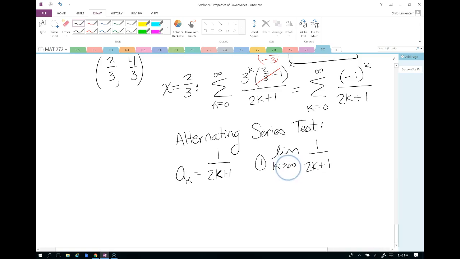Well, think about what happens when you plug a really, really large number in for k. Your entire denominator is going to get larger and larger, which means the overall value of your fraction is going to get smaller and smaller. You also might remember from Calculus 1 or from algebra class, anytime that the degree in the denominator is larger, this limit will be 0.